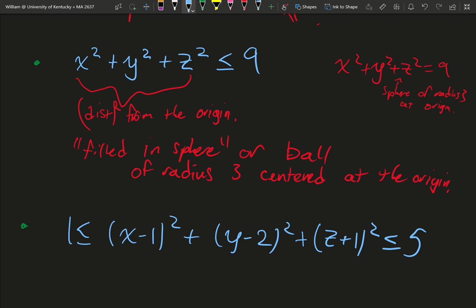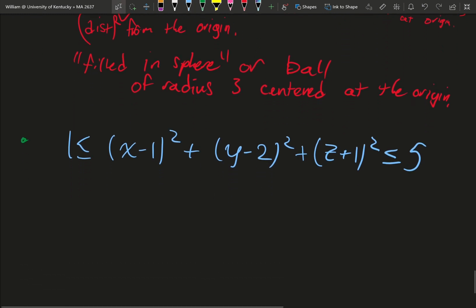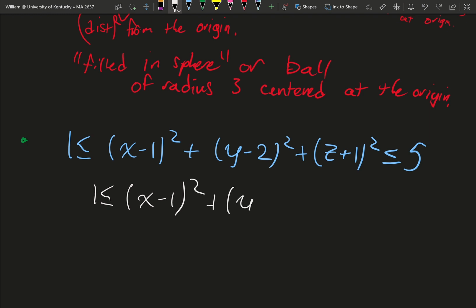So again, we have these inequalities. We want to sort of figure out what shape it's going to look like. So we have 2 inequalities here. They're sort of combined into one expression. So let's look at them bit by bit. So first, we know 1 is less than this quantity here.